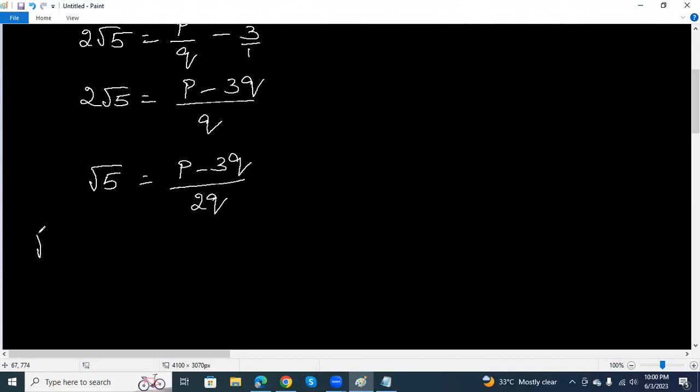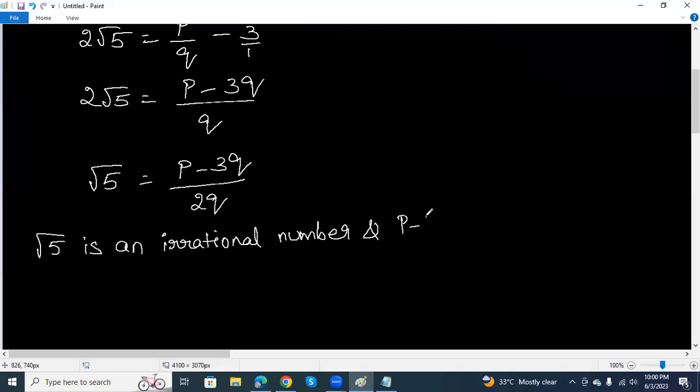Okay. So root 5 is an irrational number, we know. And p minus 3q by 2q is a rational number.